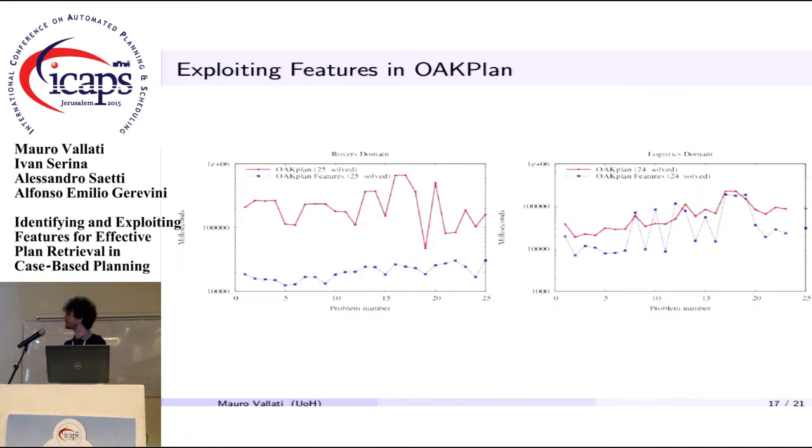And here we have a different perspective of the results in which we are showing the CPU time for the whole planning process of our approach, which is the blue line, and the original OAKPlan exploiting the kernel feature, which is the red line, on the domain in which we perform best, which is rover, and the domain in which we perform worst, which is logistics. And as you can see, even in logistics, in general, our approach is better, although sometimes the original one is slightly faster.